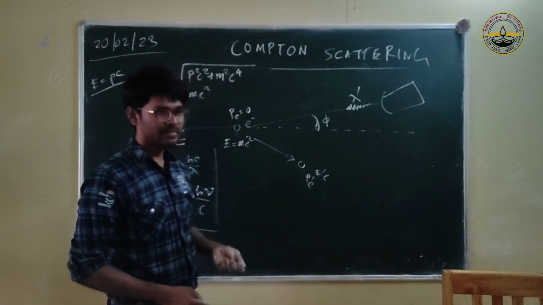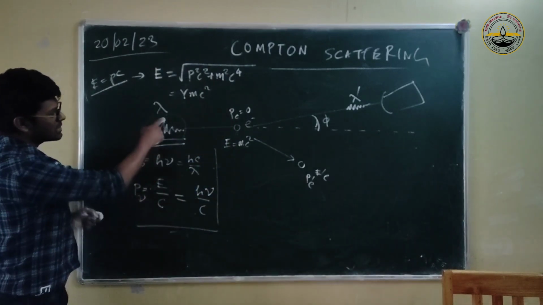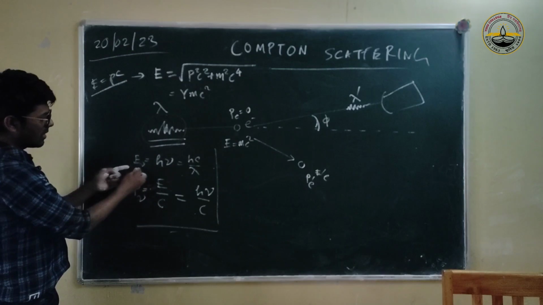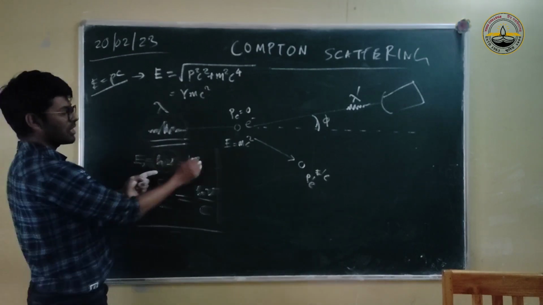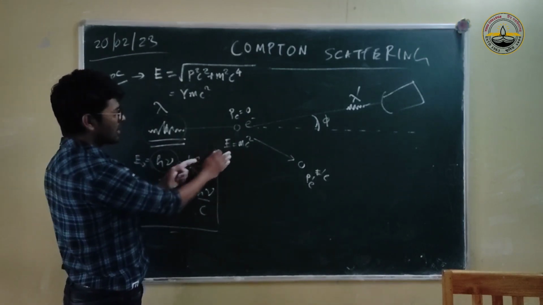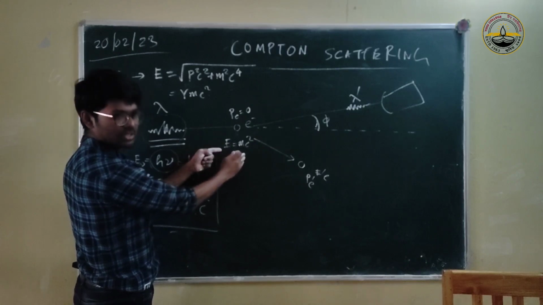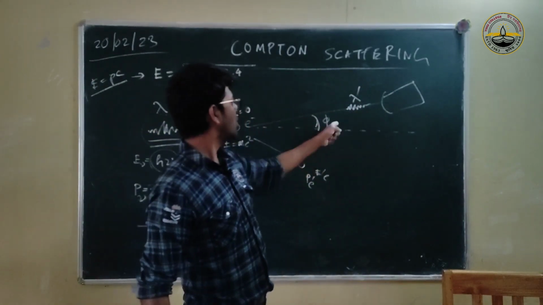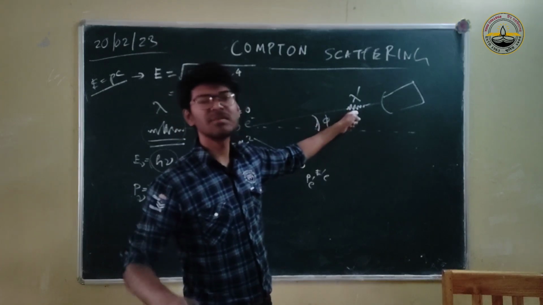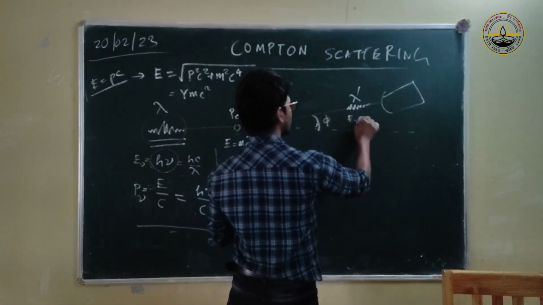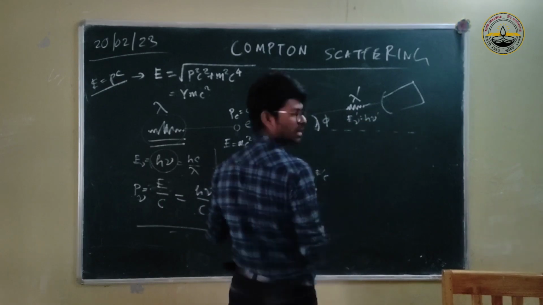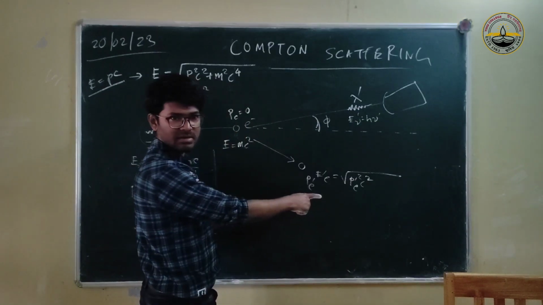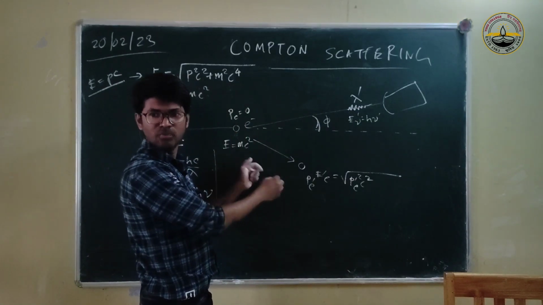Here, linear momentum. What is the initial energy? Energy of the photon, h nu, plus energy of the electron at rest, mc square, equal to finally the energy of the final photon, which is h nu prime. Now the electron is not at rest, it's moving.